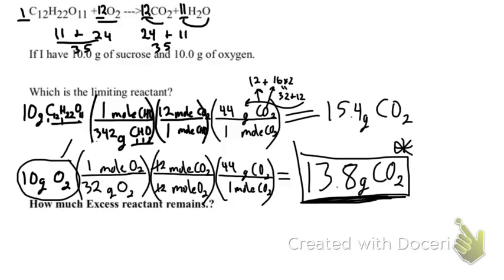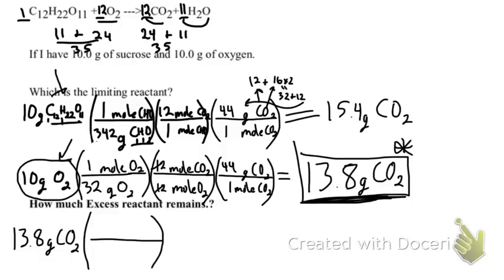So if O2 is our limiting reactant, then sucrose is our excess reactant. And so we're going to convert from grams of CO2 to grams of sucrose so we can see how much we used and therefore how much we have left over. So we'll take that 13.8 grams of CO2 and we'll do a three-step dimensional analysis problem to get to grams of sucrose.